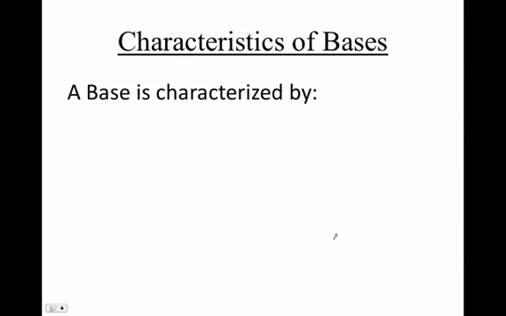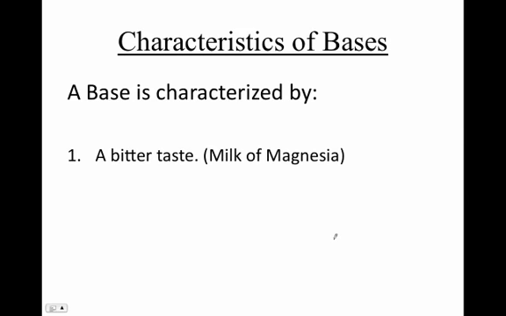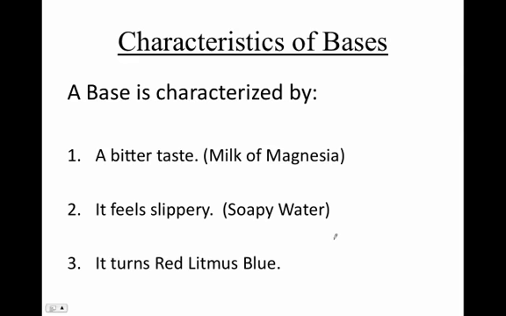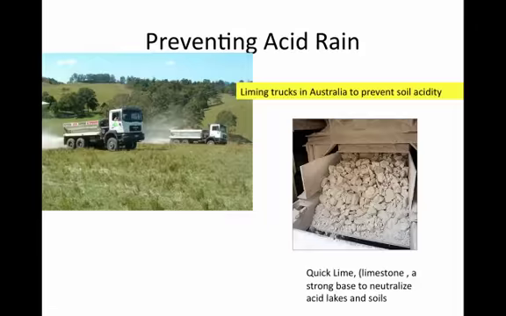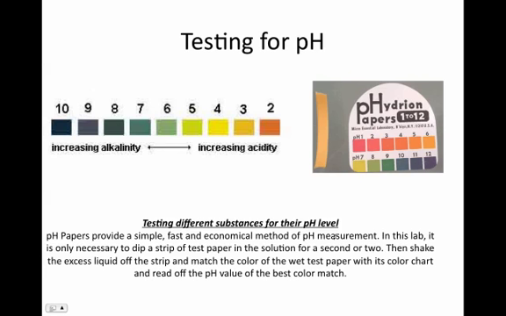Let's talk about bases. Bases, on the other hand, taste bitter. For example, milk of magnesia. They feel slippery to the touch, like soapy water, and they turn red litmus paper blue. So let's go over a few things.